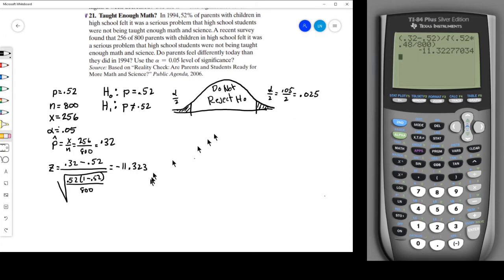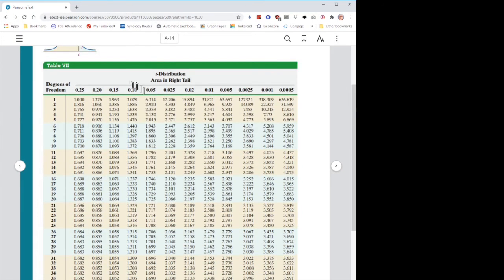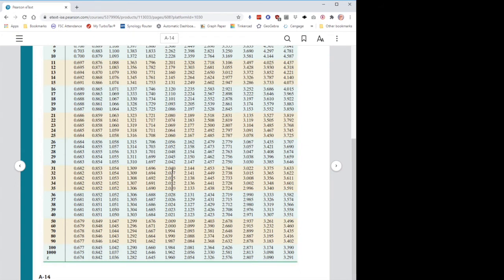All right, so let's get our book back here. Where is it? There it is. And now I need to look for alpha 0.025. I'm going to go down to the bottom of that column and I will see 1.96.